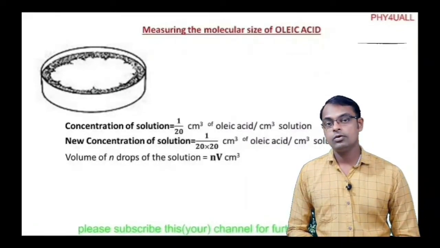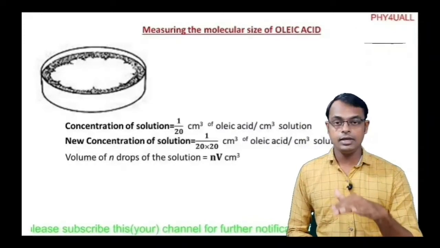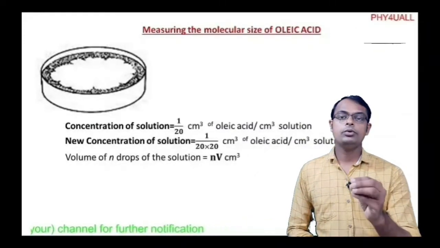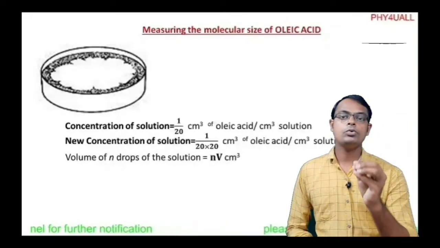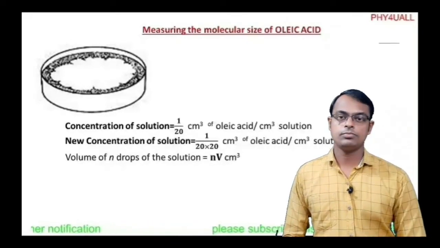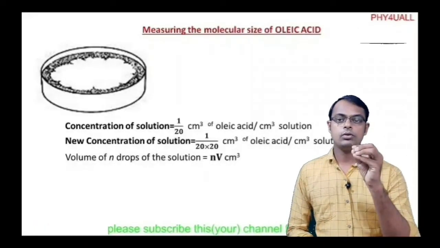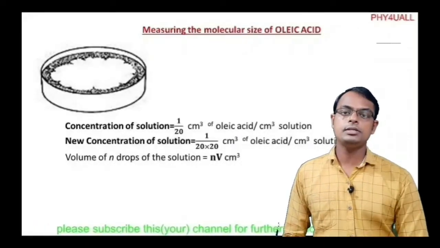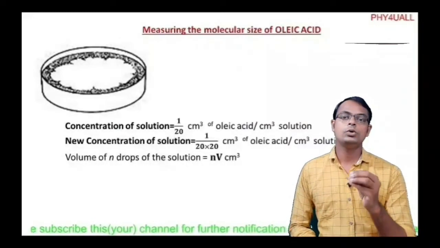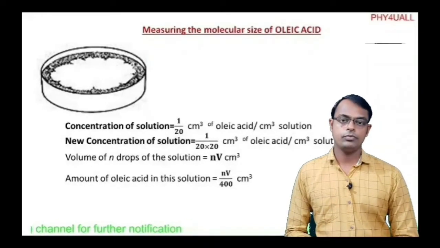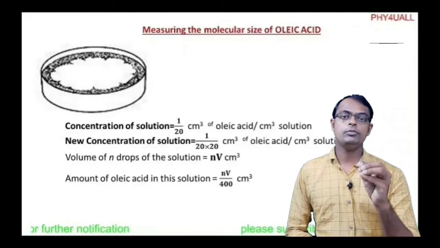So you can find the area of this immiscible membrane. Now what is the amount of oleic acid in the solution? We have added n drops of solution. The amount of oleic acid in this solution is equal to n divided by 400 into V, or simply nV by 400.